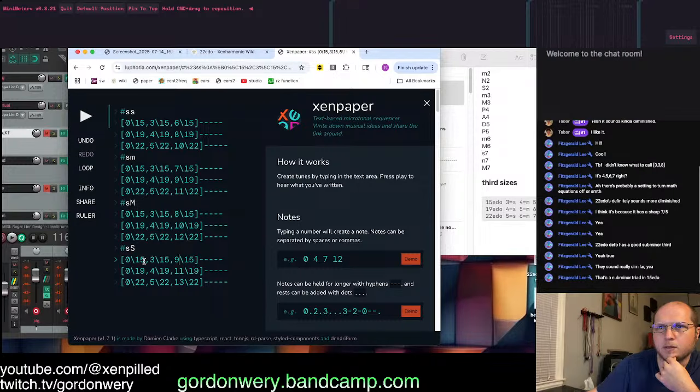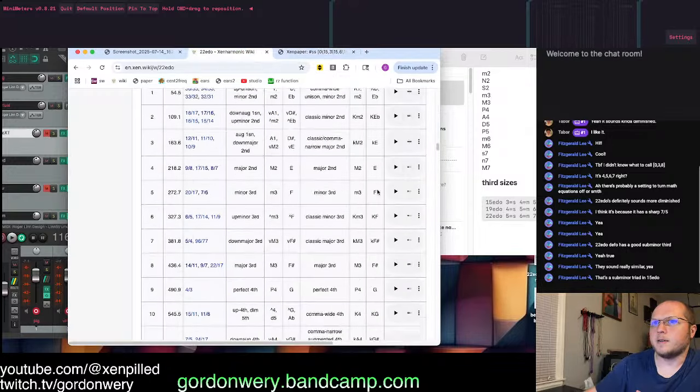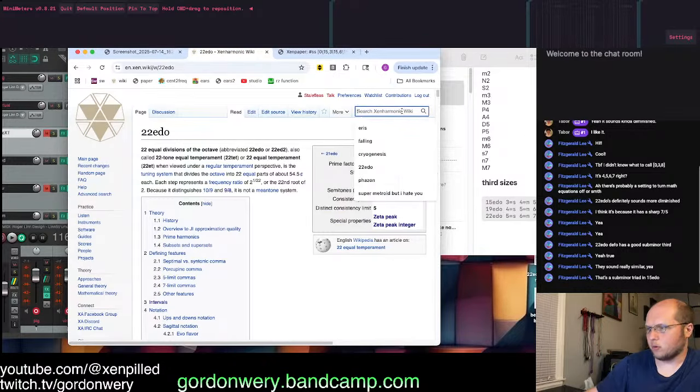So if you subtract the 3, it'd be 6 to 12, to 15. 0, 6, 12 will be an inversion of this. So 6 is like a fourth. Right? That's right. So that's like a quartal thing at that point.